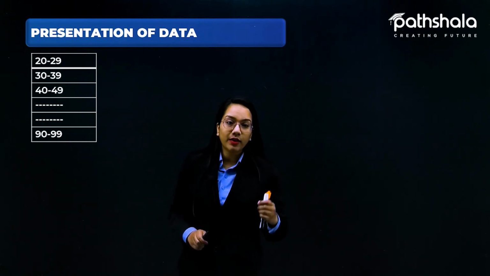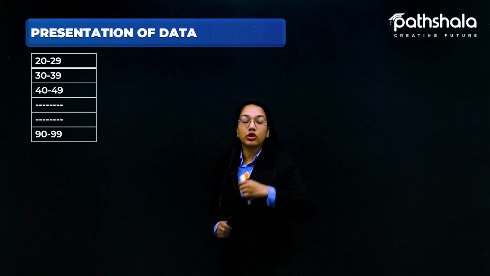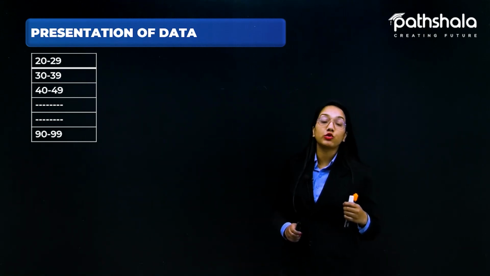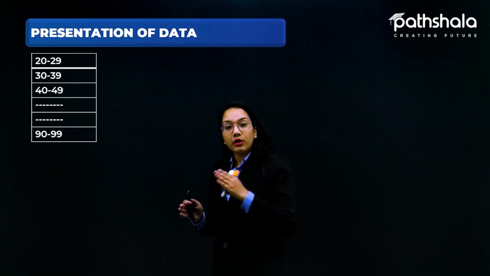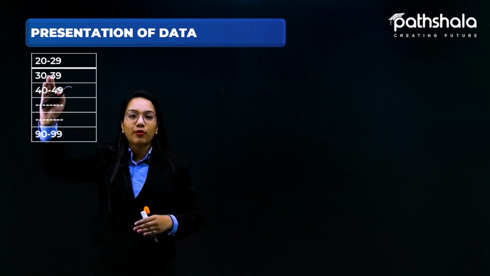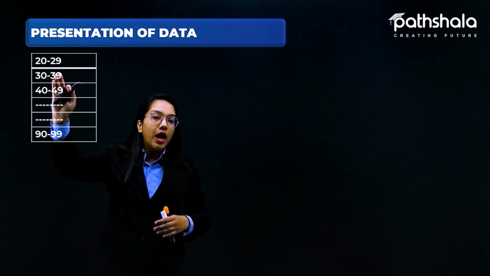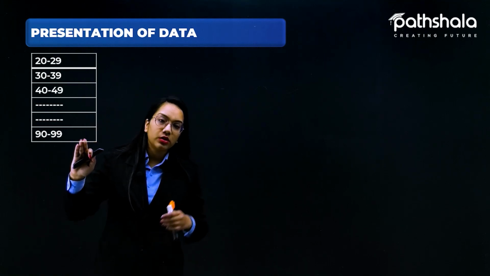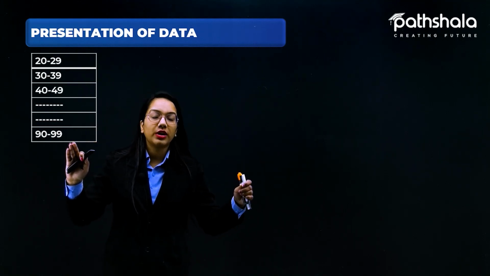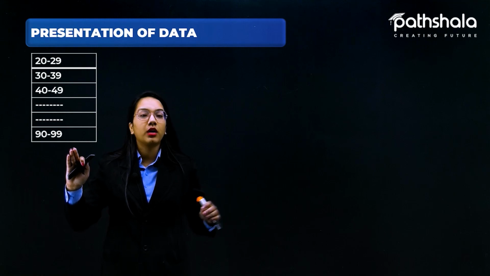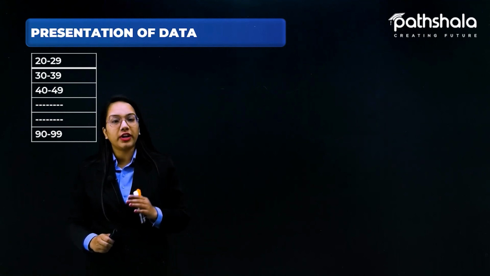So keeping in mind the data given to us, we always have to start the intervals from the lowest value, and go till the highest value among all the data given to us.